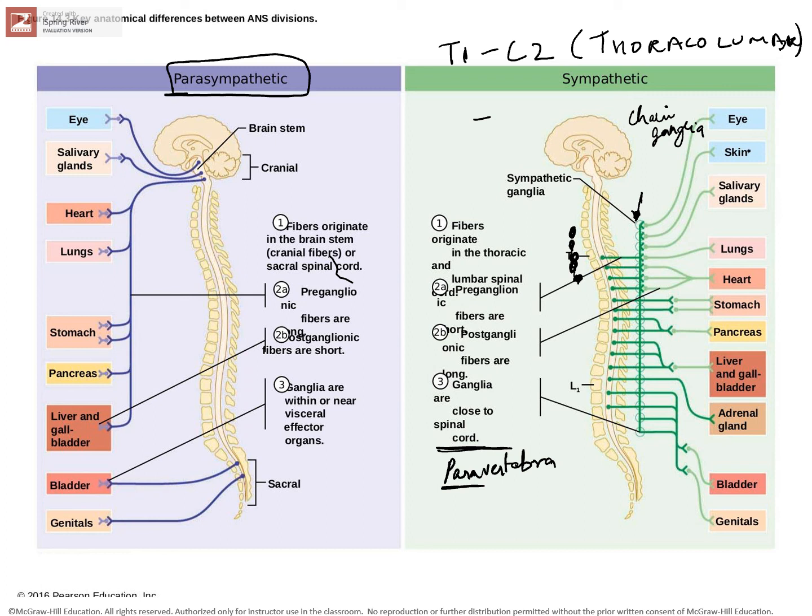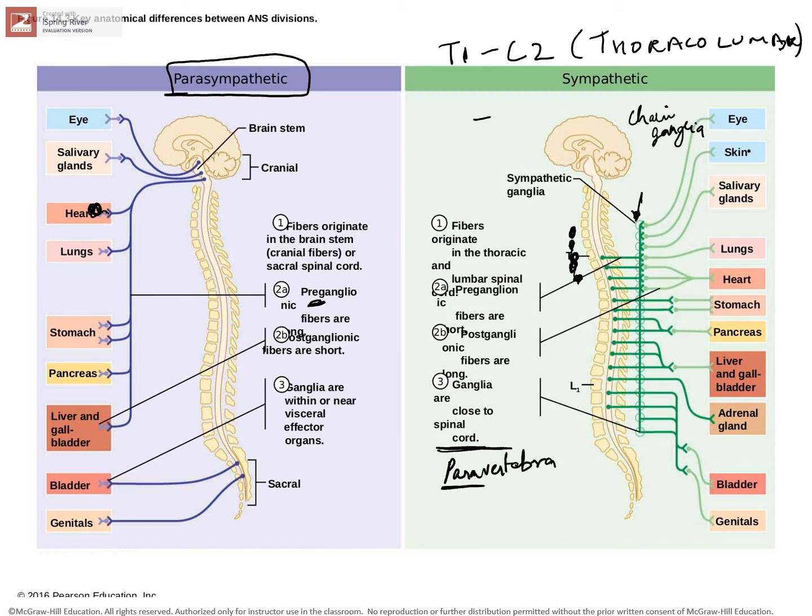So then you don't see the paravertebral ganglia in the parasympathetic nervous system, okay? Because the cell bodies are located very close to the organ, like the heart, or you can find the ganglia inside the tissue itself.